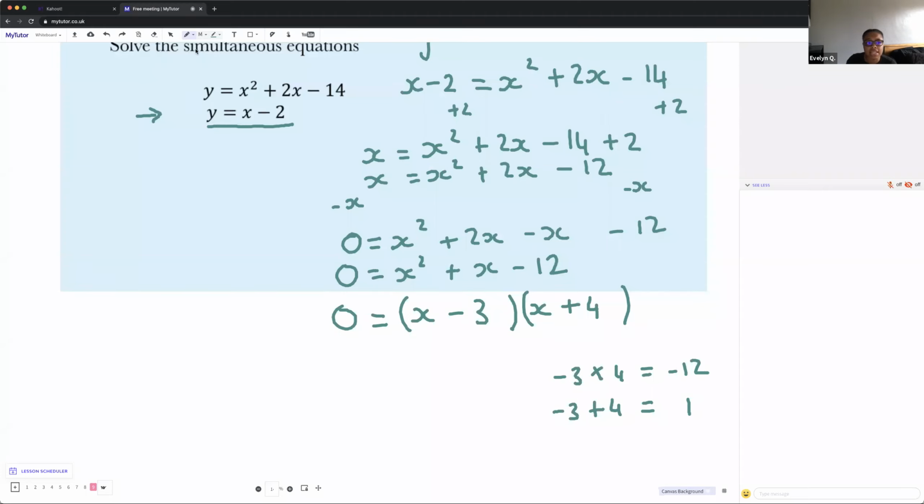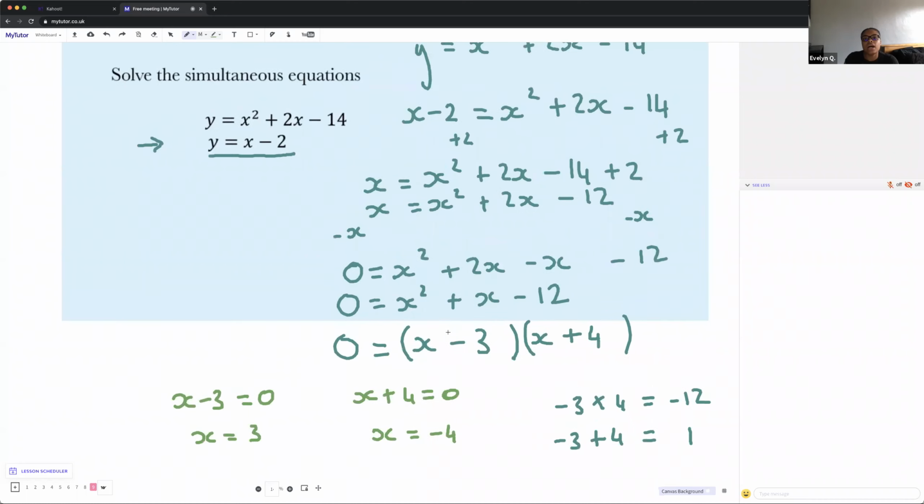And then finally, to finish off solving it, I take each bracket and I set it equal to 0. So I've got x minus 3 equals 0 and x plus 4 equals 0. So x is going to be equal to 3 and x equals -4.